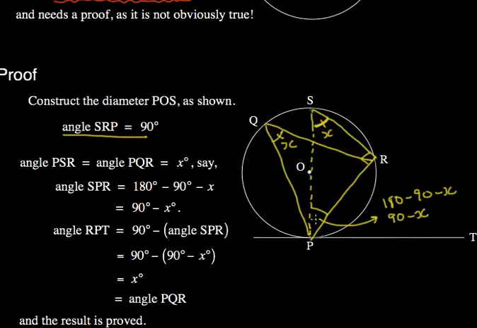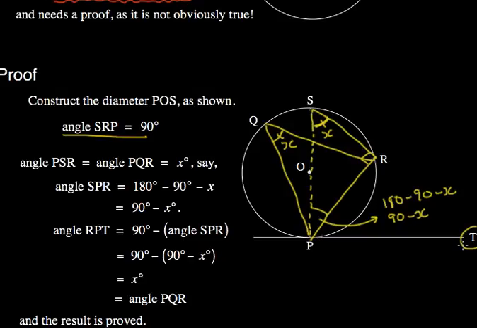It's 90 minus X at the bottom there. So the angle RPT, so that's R to P to T. Now where is T? Over here.